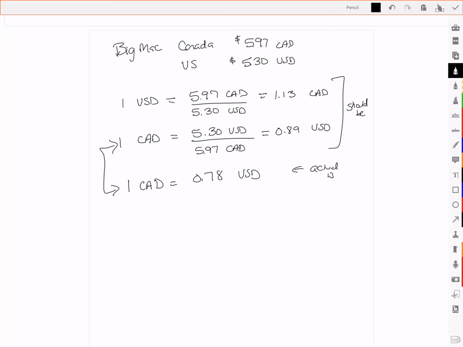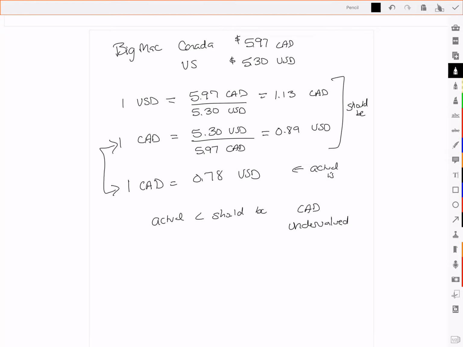According to the Big Mac Index and purchasing power parity, 1 Canadian dollar should be worth 89 cents US. So since the actual is less than it should be, the Canadian dollar is undervalued.